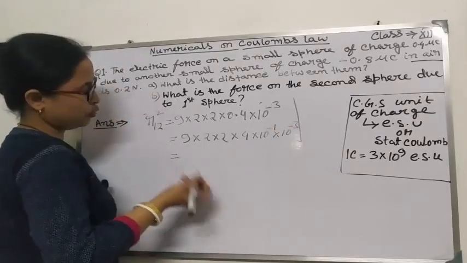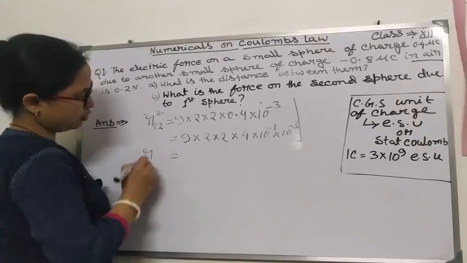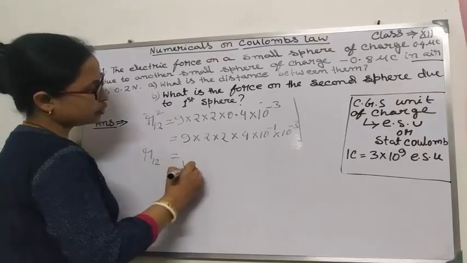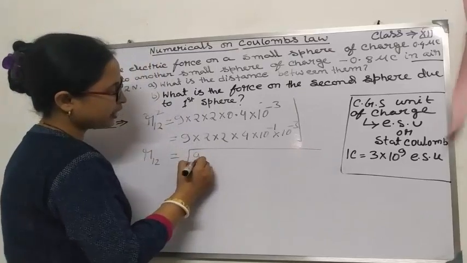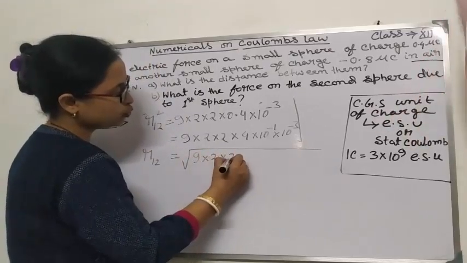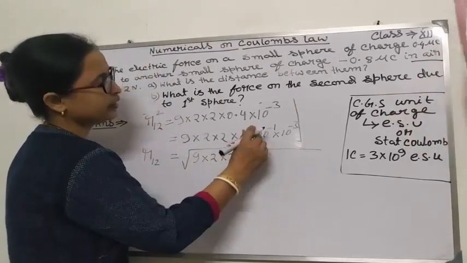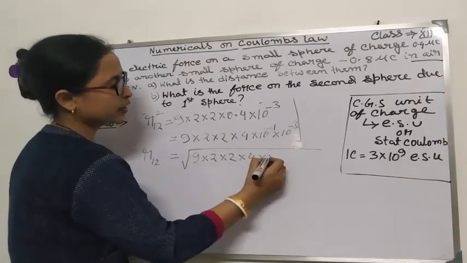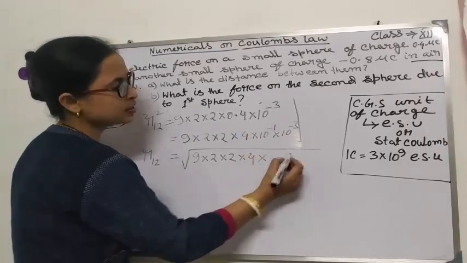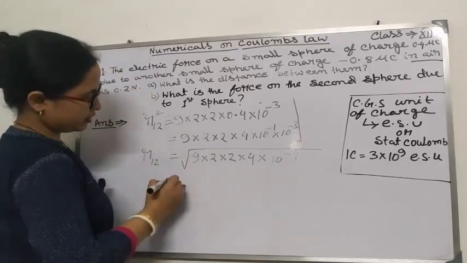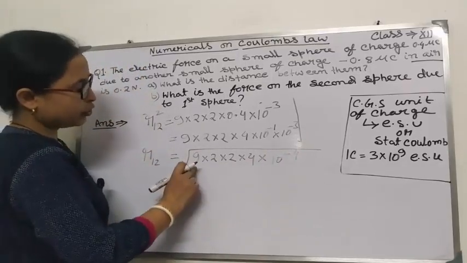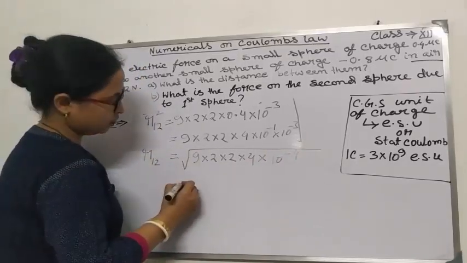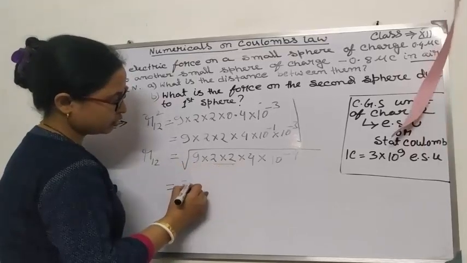Then if you take the root of this, R12 is equal to root over 9 into 2 into 2 into 4, 10 to the power, here minus 3, here minus 1, it will be 10 to the power minus 4 only. Then for 9, what will be the value? 3. For 2, it will be 2.